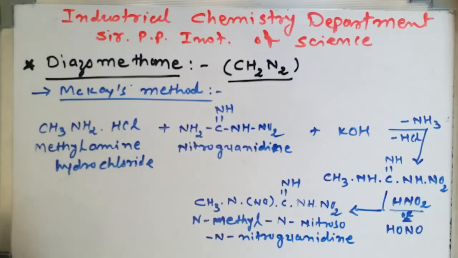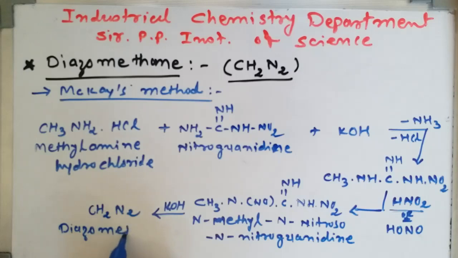This compound, on warming with potassium hydroxide, gives diazomethane, CH2N2.